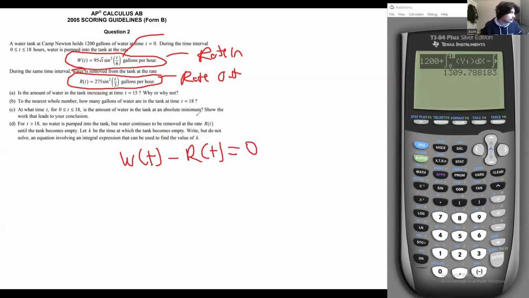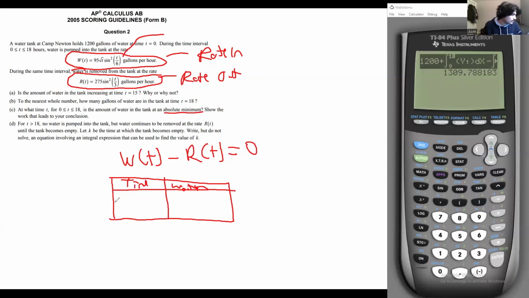There are a few conditions to find an absolute minimum. So basically we make our chart, and in our chart we enter our t values, time, and water. Okay, and we're just gonna find these for specific times.